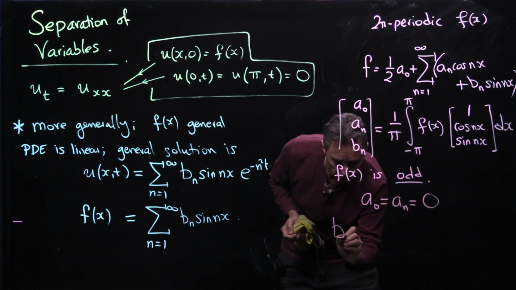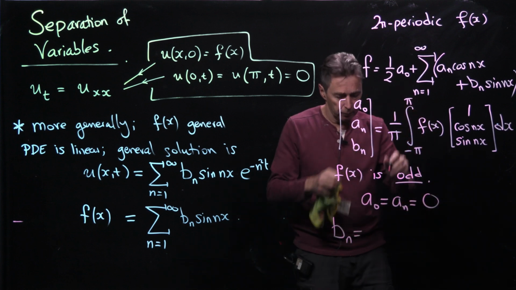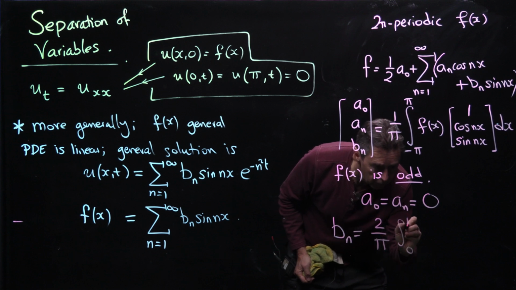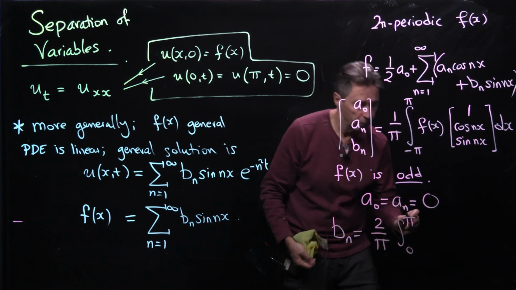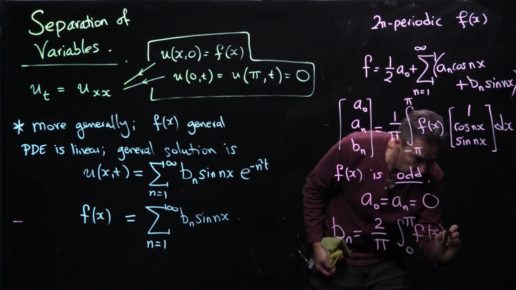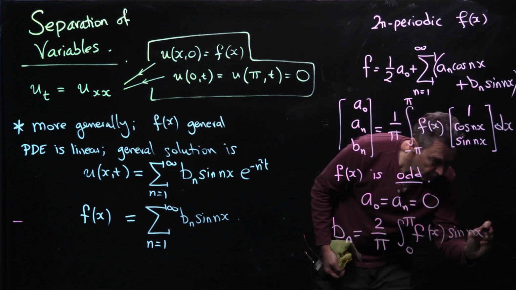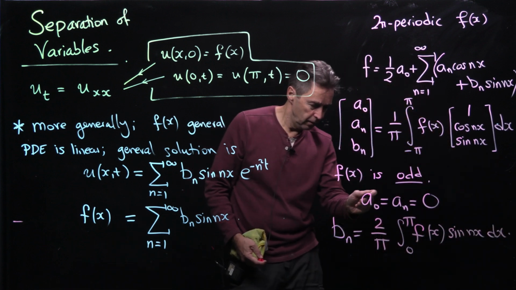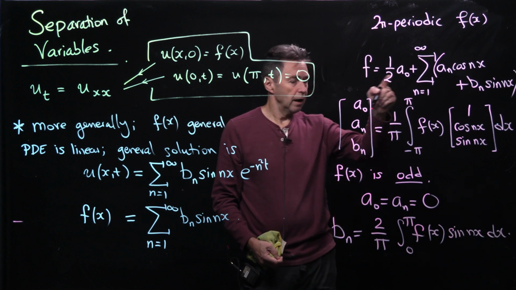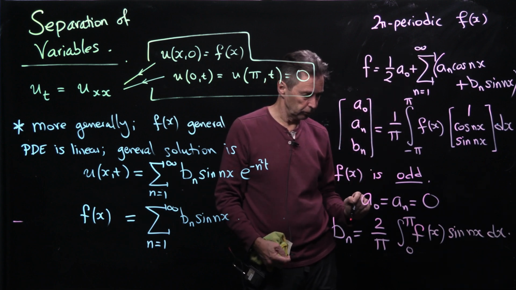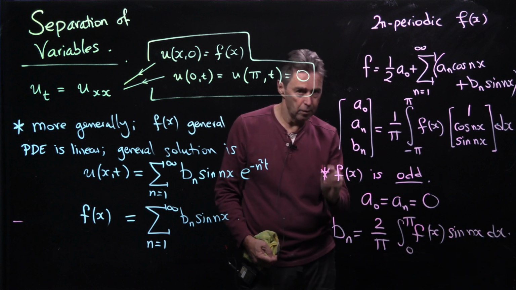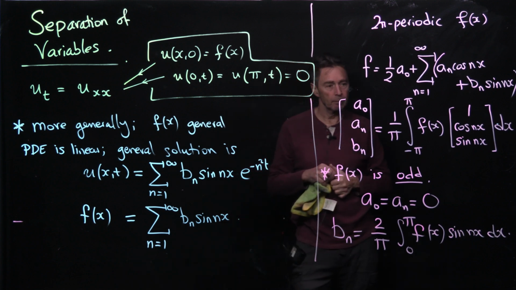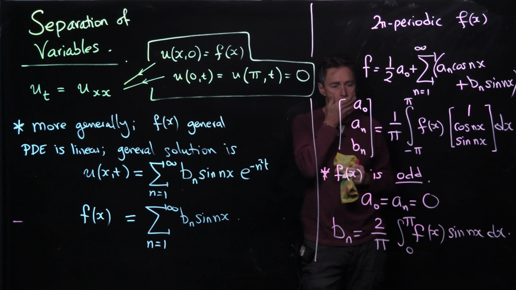And the b, I could just get it from here, or I could also just get it from integrating from 0 to pi, dividing by pi, and multiplying by 2. That's the Fourier series for an odd 2 pi periodic function. That was the technology from Fourier series theory.